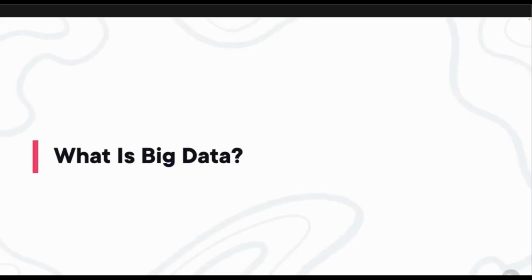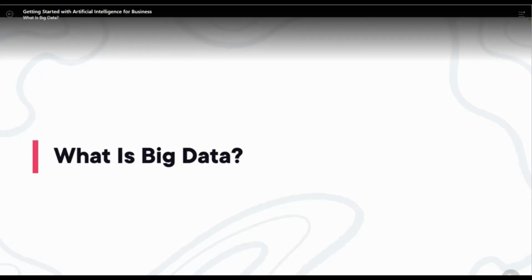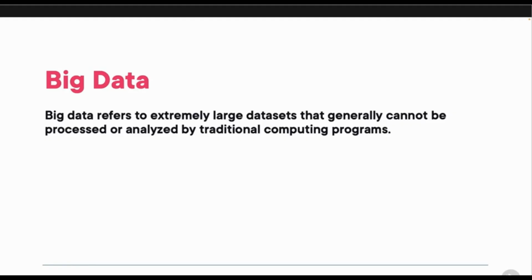One of the first things you need to know while talking about modern AI is big data. What is big data? And why is it so important to the advancement of AI? So, what is big data? Big data refers to extremely large datasets that generally cannot be processed or analyzed by traditional computing programs.